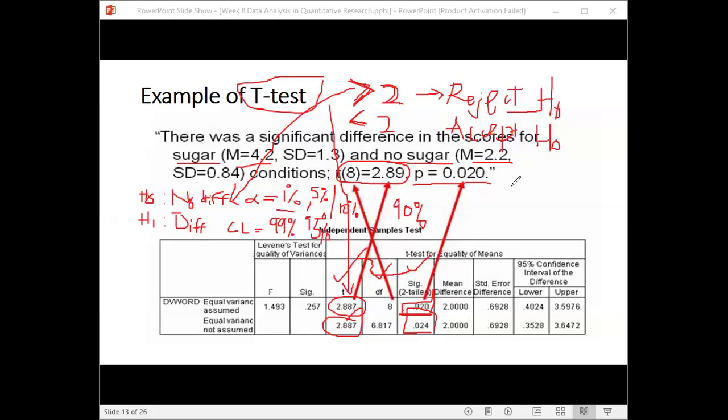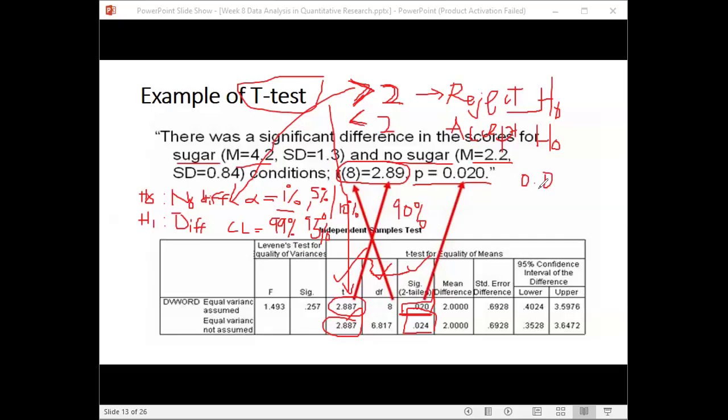1% will give us what? 0.01. Yes. What about 5%? 5% will give us 0.05.